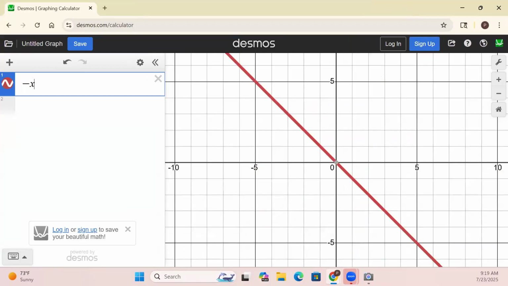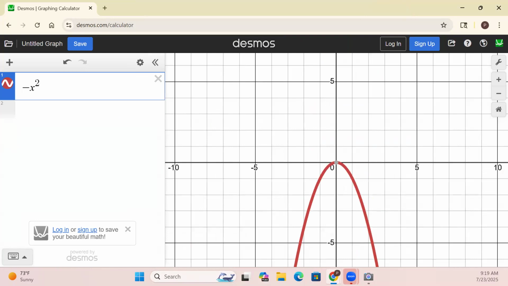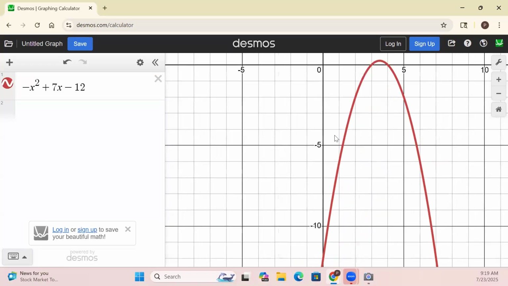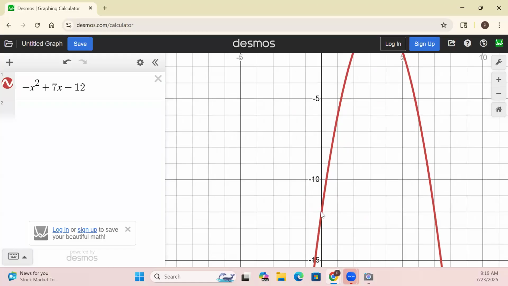We had a minus x squared plus 7x minus 12. When x is 3, and when x is 4, my output is 0. So I've solved it. Desmos is really nice because it allows you to click on important points. What do you think that point's going to be?